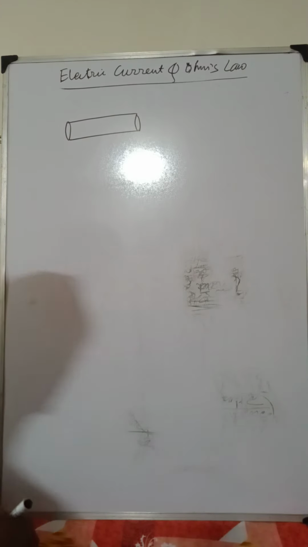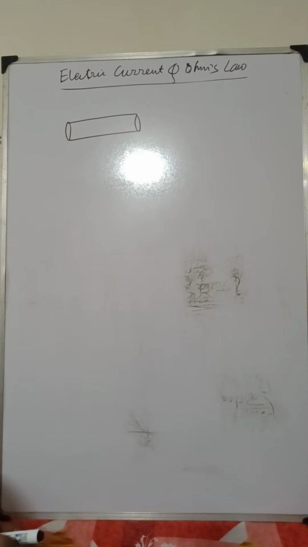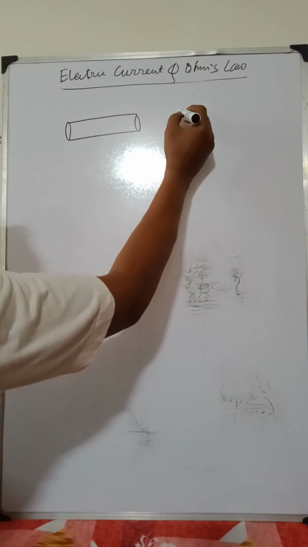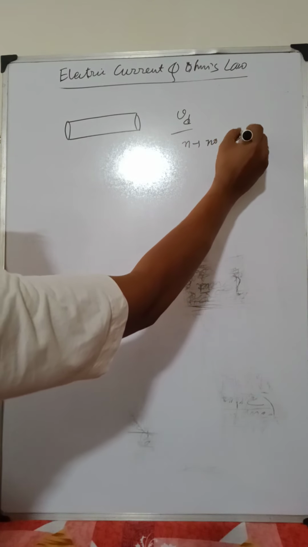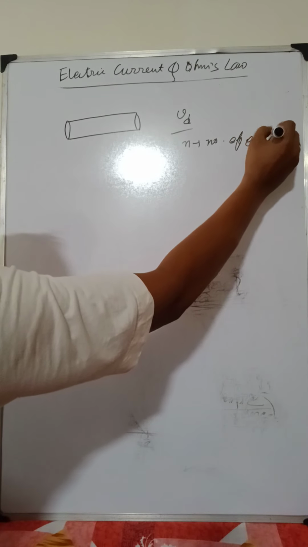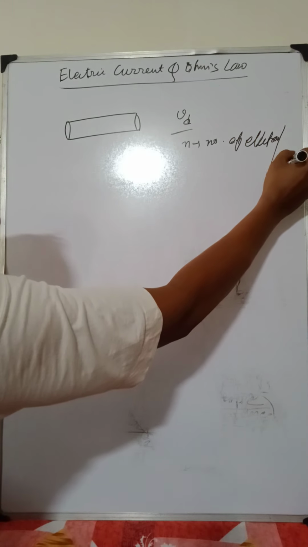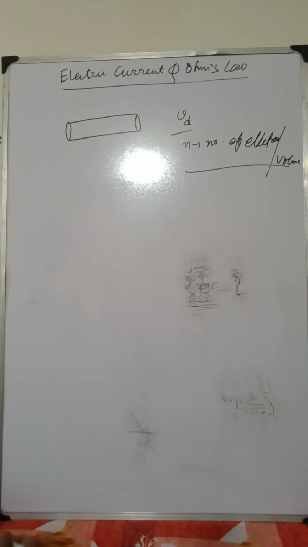How can we calculate the drift velocity? Suppose the drift velocity of the electron is Vd, and N is the number of electrons per unit volume.